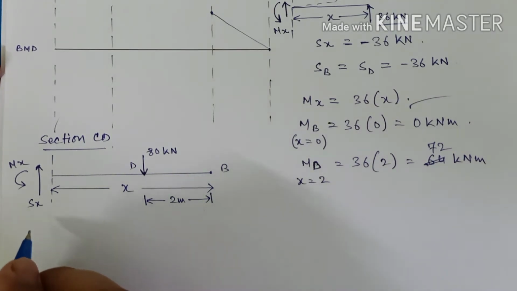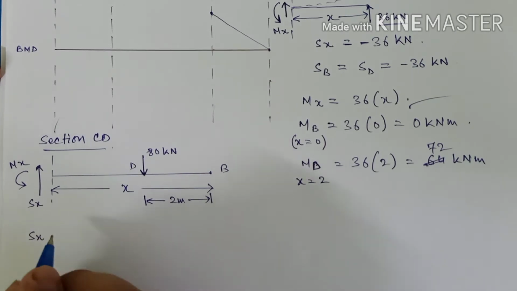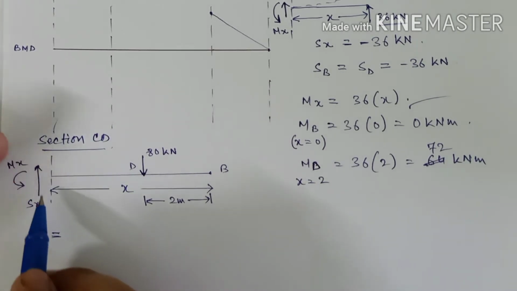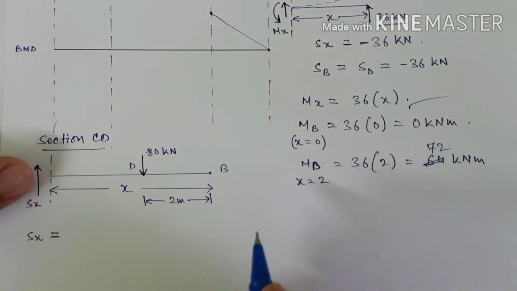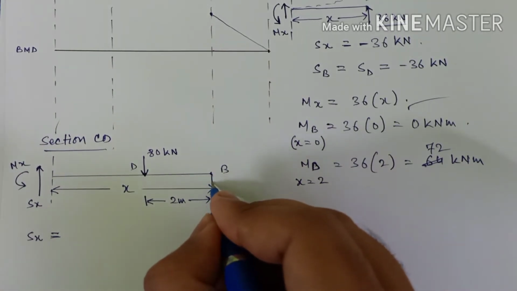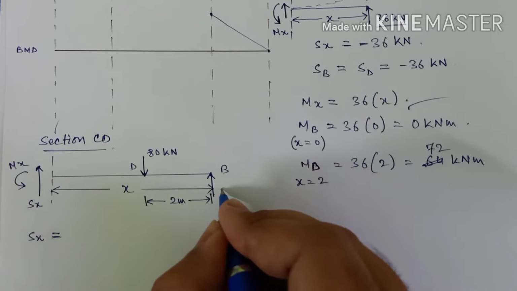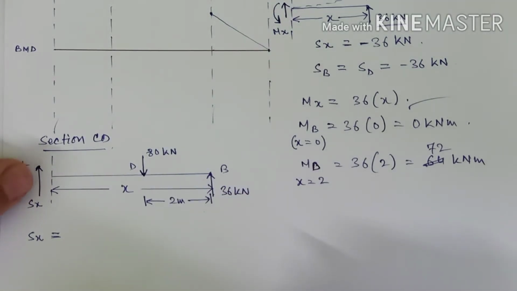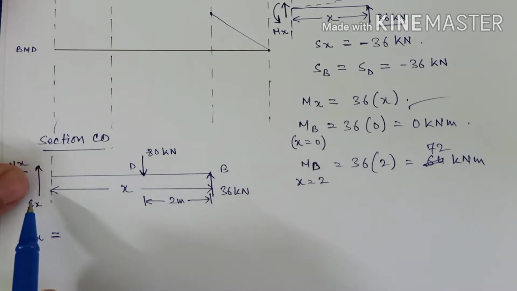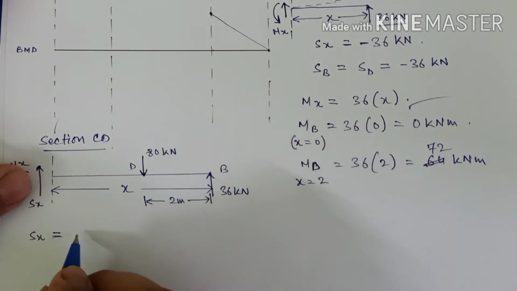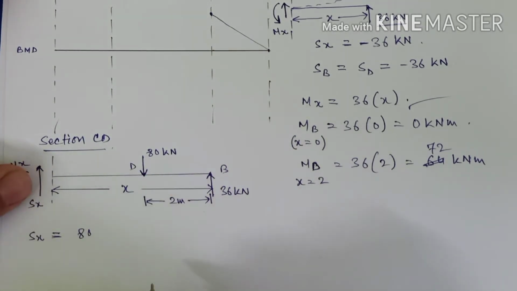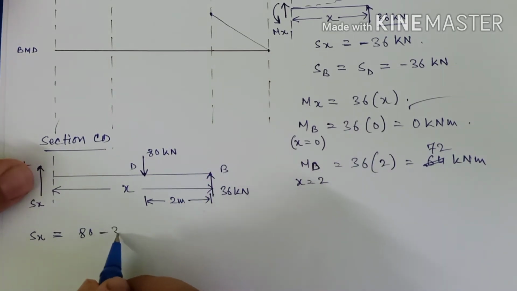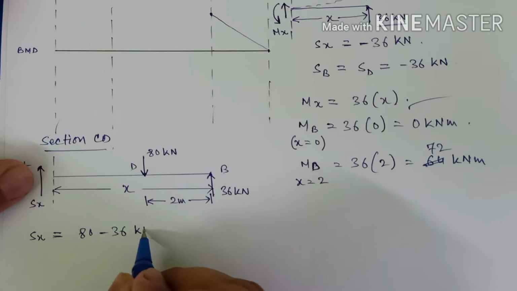So see, Sx will be equal to, this Sx will be counterbalanced by two forces. Sorry, here you have the reaction also, that is 36 kilonewton. So basically this Sx will be counterbalanced by two forces. One is this 80 kilonewton in the opposite direction, and one is in the same direction, that is 36 kilonewtons.